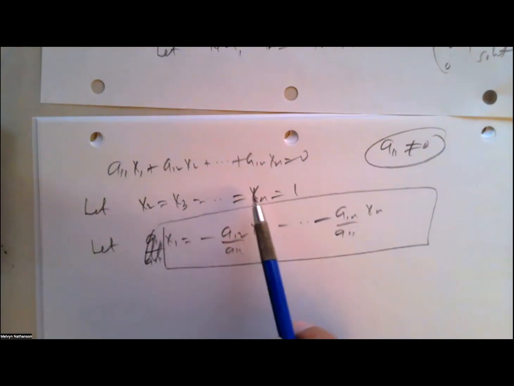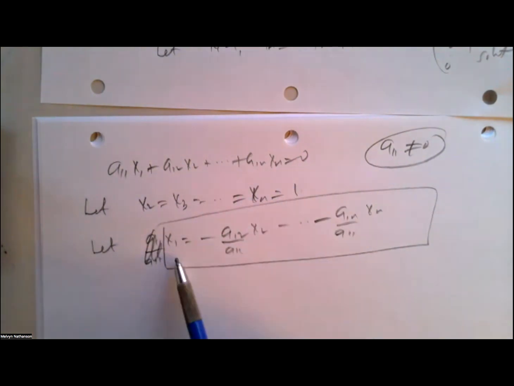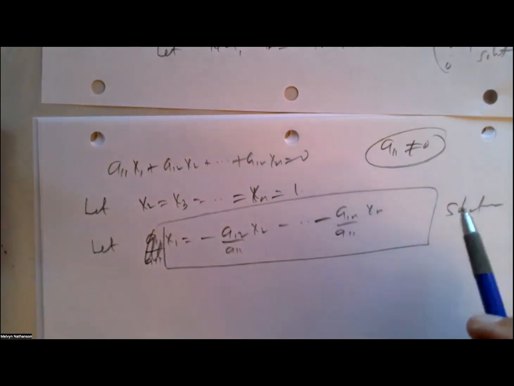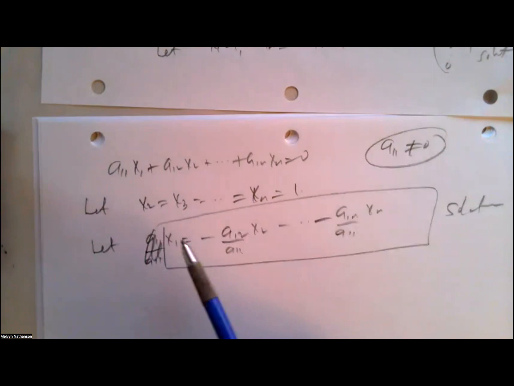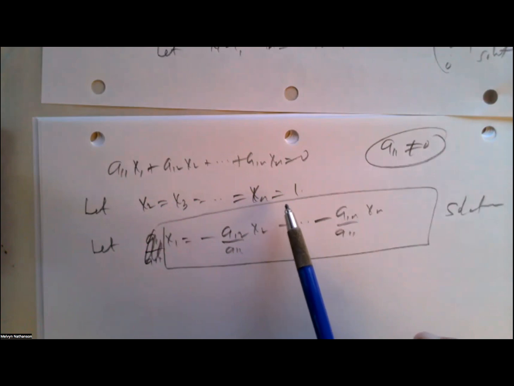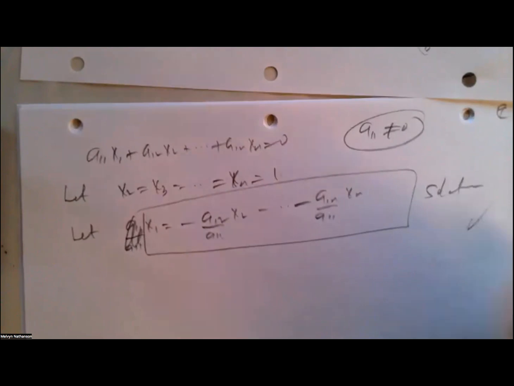So if I let x2 up to xn equal 1, and I define x1 by this equation, I get a solution. And it's not all 0 because n is at least 2, and x2 and all the other variables equal 1. So if I have just one equation in 2 or more variables, there's a non-trivial solution.